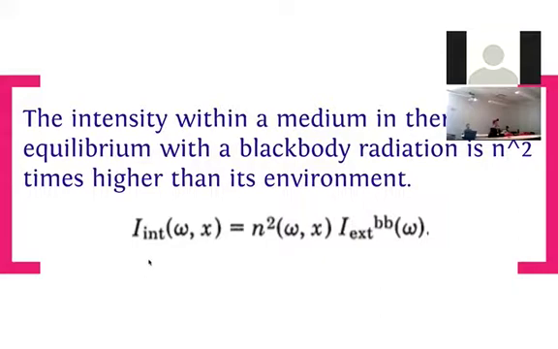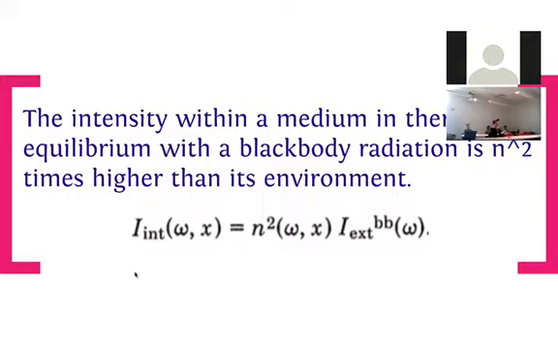In other words, if your universe is bathed in blackbody radiation at some temperature T, and you put a material of refractive index n inside this universe and allow it to thermally reach equilibrium, the intensity of light within this material is n squared times the intensity of light outside the material. That's a profound and very important insight.